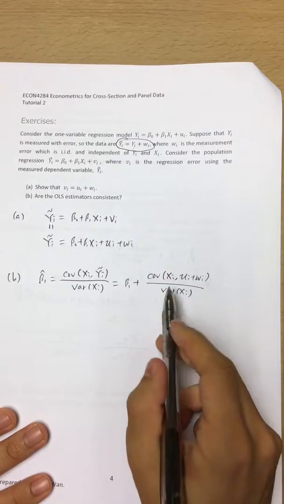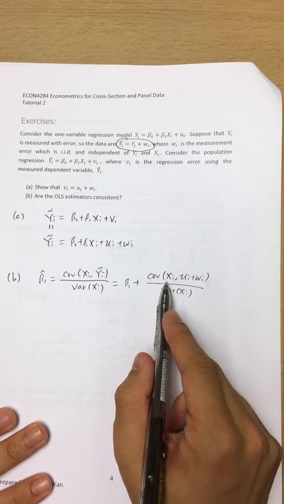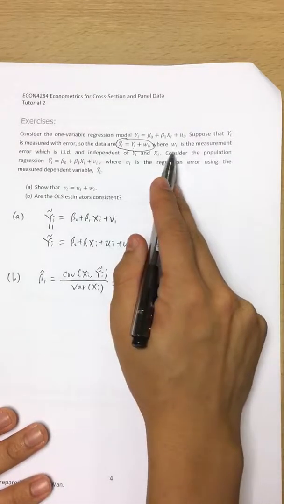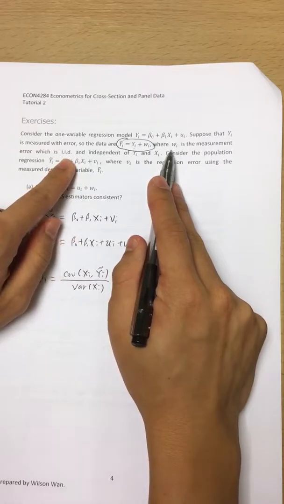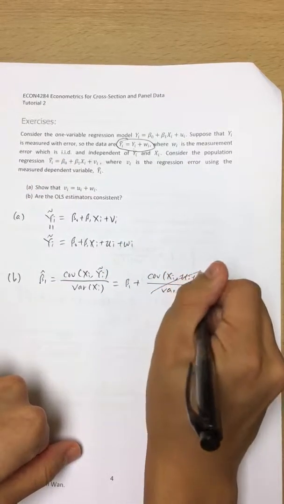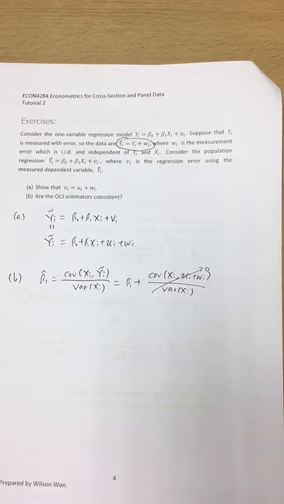First of all, xi and ui are not correlated, and xi and wi are also not correlated because we assume that wi is iid. That means the covariance between wi and any variable is 0. Then this is equal to 0. This proves that beta 1 hat actually equals beta 1, so the OLS estimator is still consistent. It shows that if we have a measurement error in y, there will be no problems.